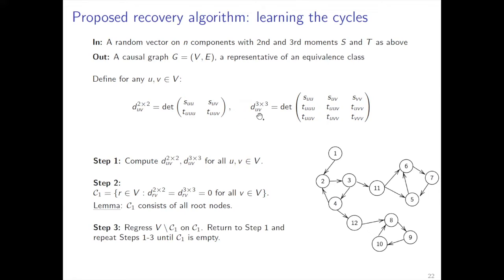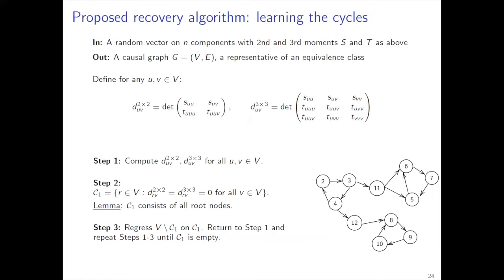Then we're going to first check if there are any root nodes. Root nodes are basically strong components that are sources, so there's nothing pointing to them. These would be precisely the vertices r for which d_rv^2 and d_rv^3 are all 0. So in our case, we have 1, and we can remove it.